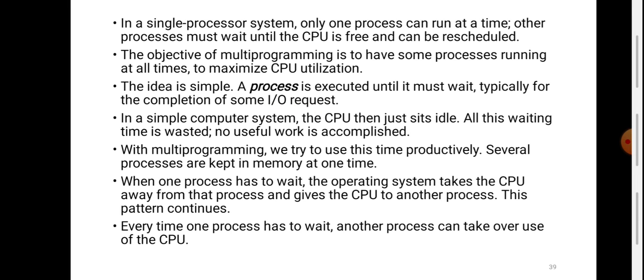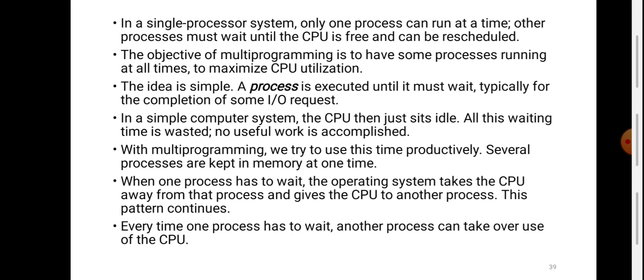If the process is executing in the CPU, the CPU is allocated to that process. Once the CPU is detached from that process, the process wants to use input output devices. If the devices are not available, then that process has to wait for them.